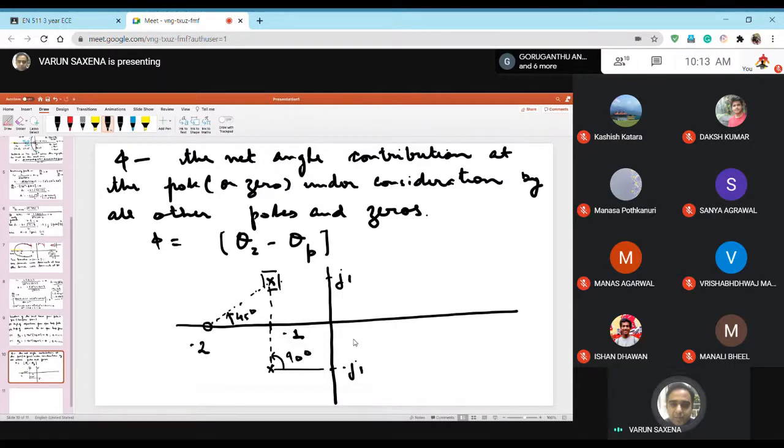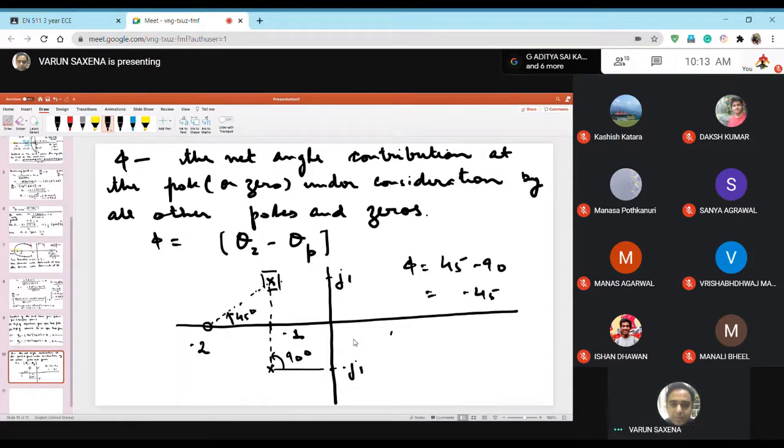It is 90 degrees. So that means, and there is no other pole or zeros, right? There was one zero, one pole, and the one under consideration. So in this case, your phi comes out to be basically theta z, which is 45, minus 90. So that value comes out to be minus 45.